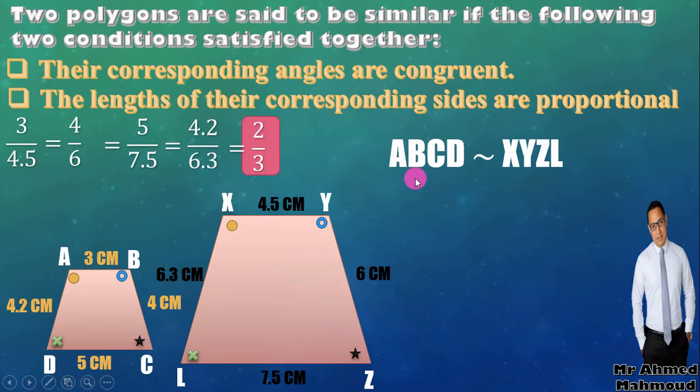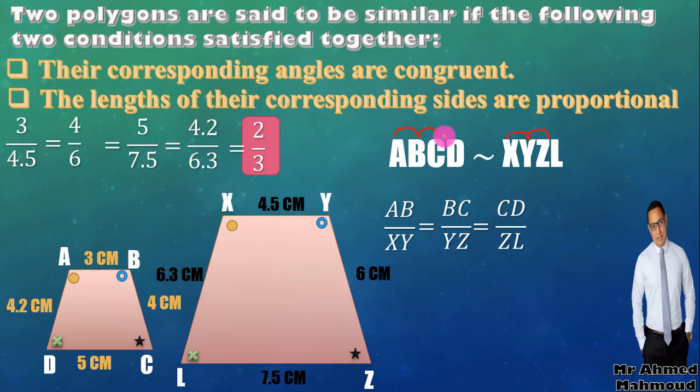So if ABCD is similar to XYZL, then AB over XY equals BC over YZ equals CD over ZL equals AD over XL, and this is called proportion between the sides.